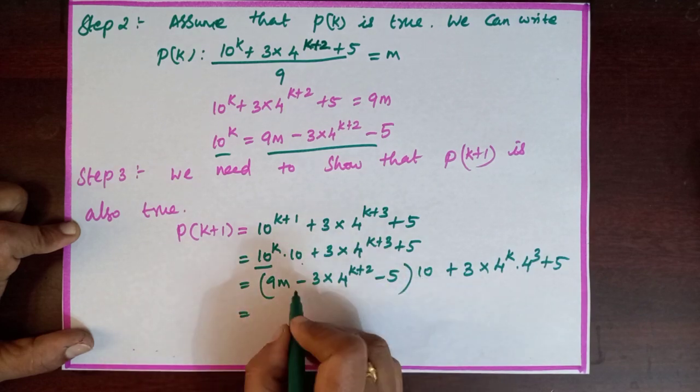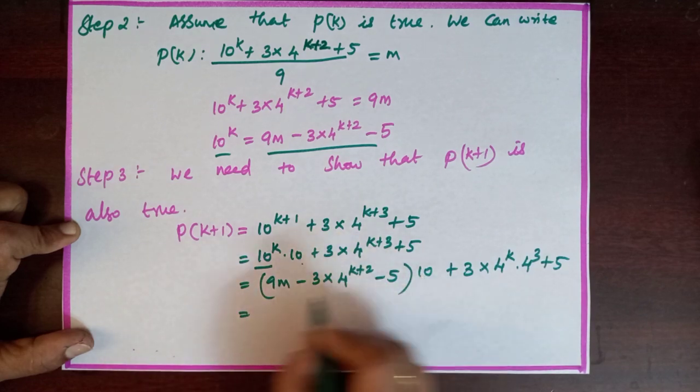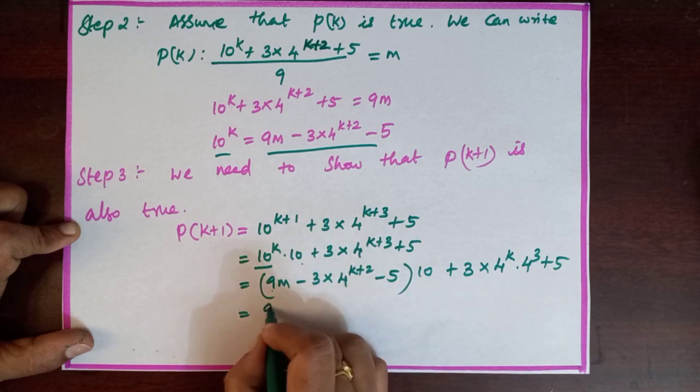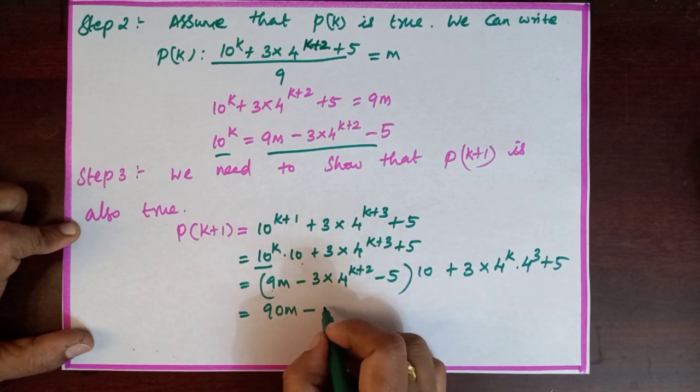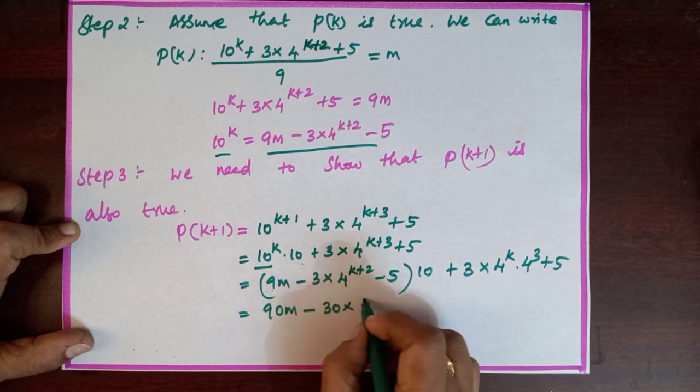Now I am going to multiply this one with the 10. Then I will get 9 into 10 is 90m, minus 3 into 10 is 30 into 4 power k plus 2.